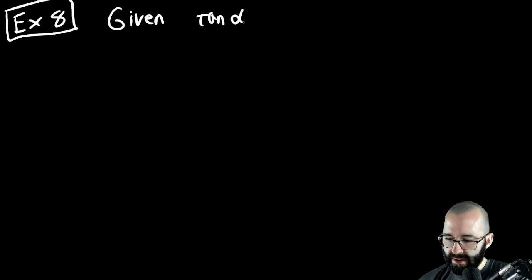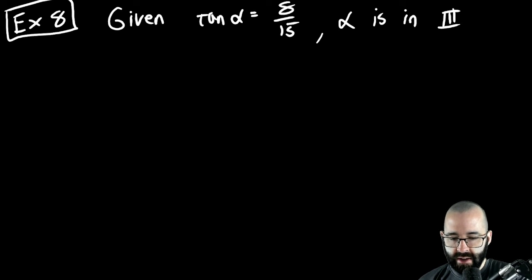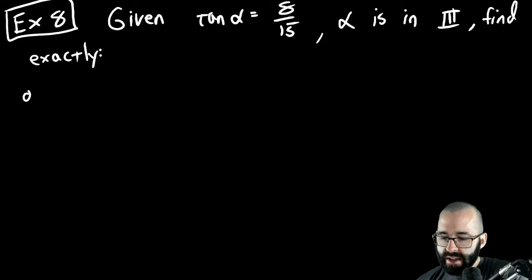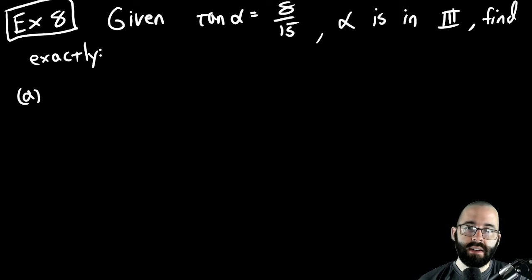All right, example 8. Given a tangent of some angle is 8/15, and alpha is in quadrant 3, find the following exactly. And the exactly part is really important here, because we could find an approximation for alpha using inverse tangent.